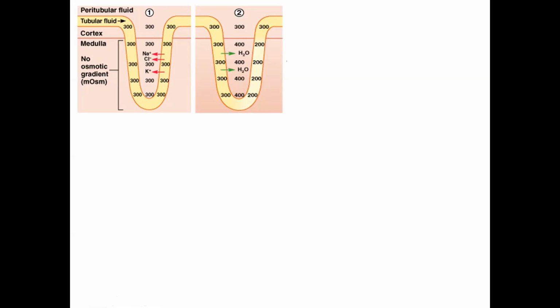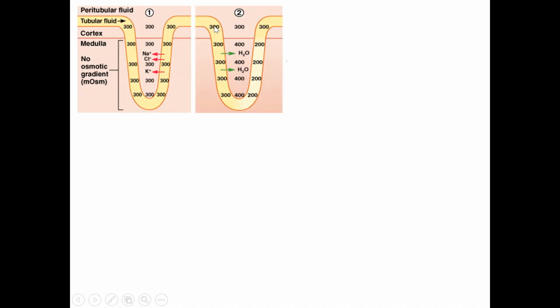If water starts moving out from the descending loop, think about this 300 total concentration. Is this filtrate going to become more concentrated or less concentrated? Start from 300. You're moving out water. Then this filtrate will become gradually more and more concentrated.